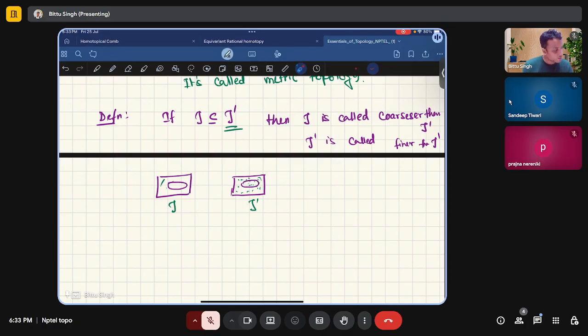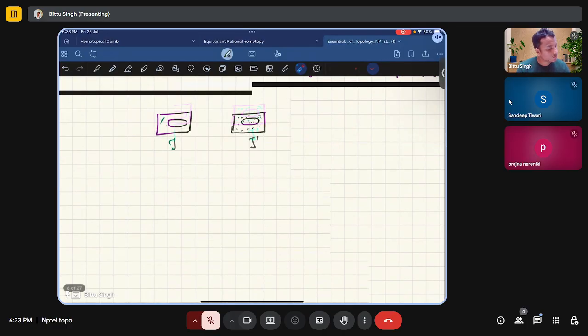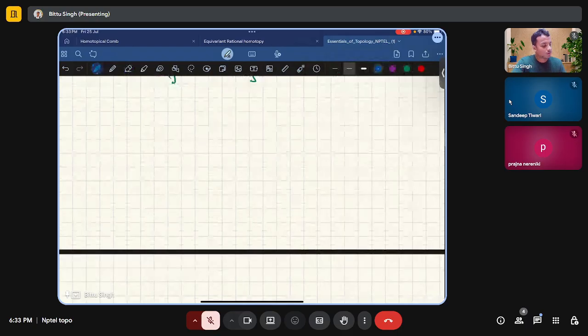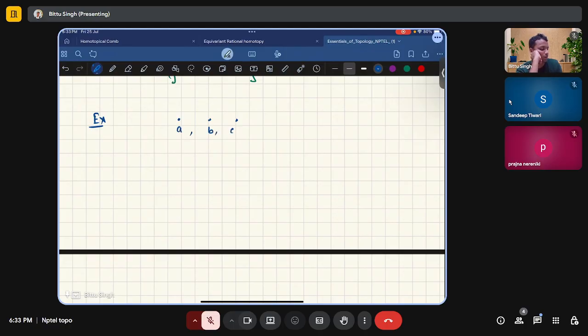Let me give another example of topology. Consider a three-element set, 1, 2, 3, or A, B, C, whatever. So X equals {A, B, C}.